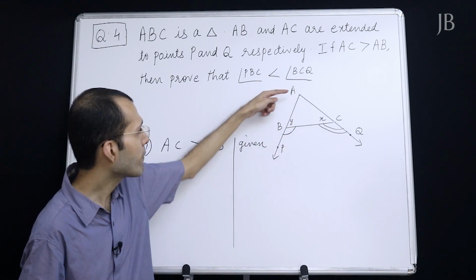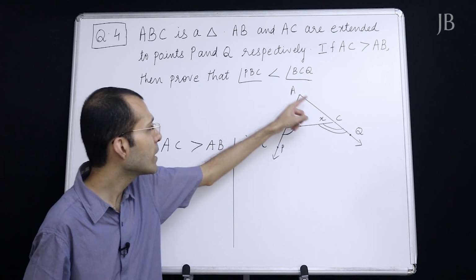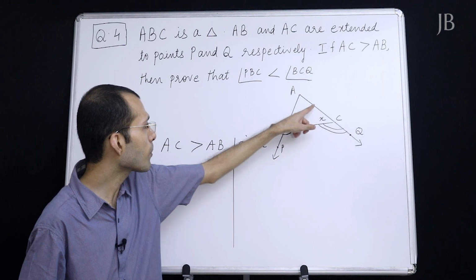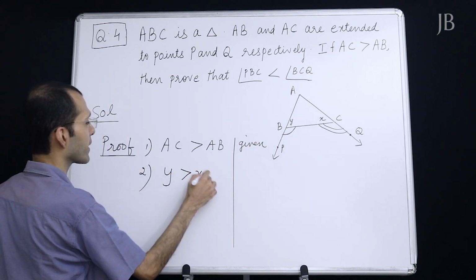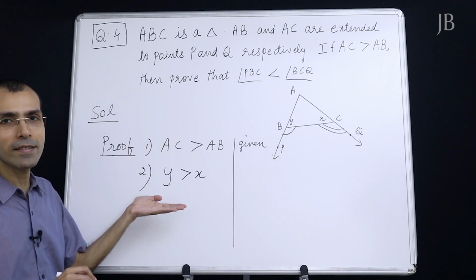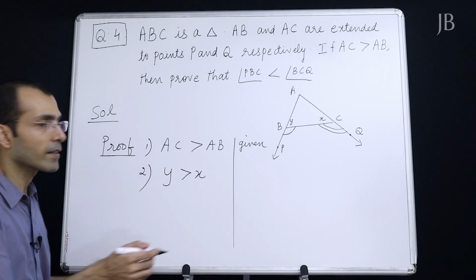Y. And which is the angle opposite to AB? X. And what has been told to you? AC is greater than AB. So Y will be greater than X. As a consequence of this, what is the reason? Angle opposite to greater side is greater.